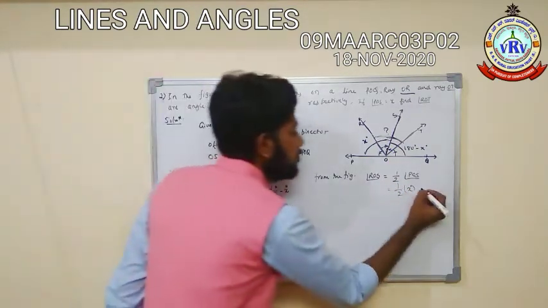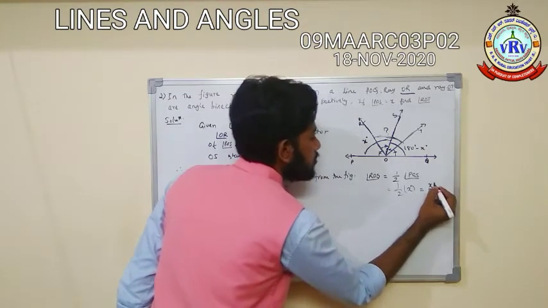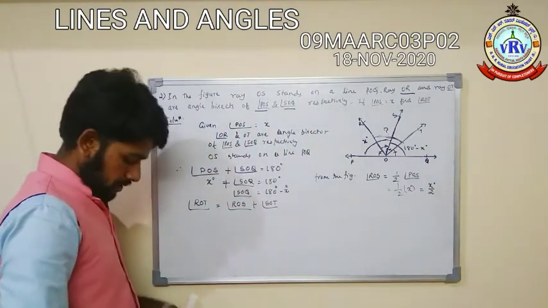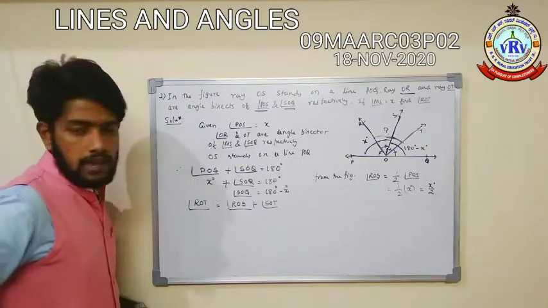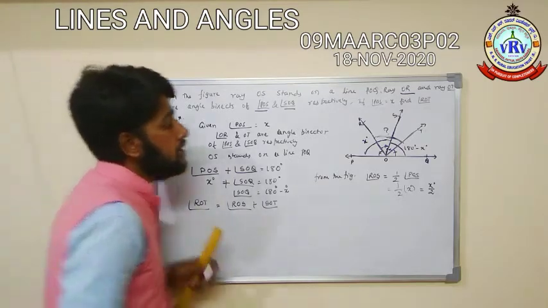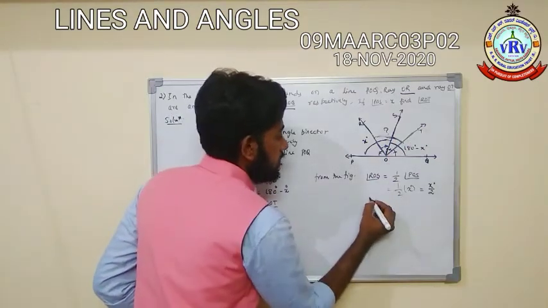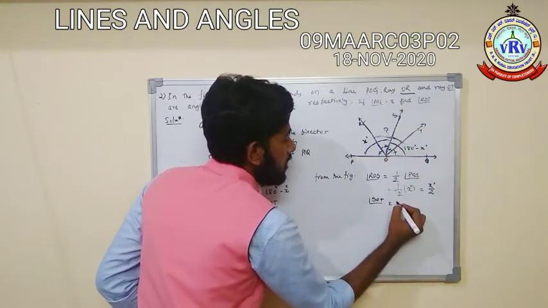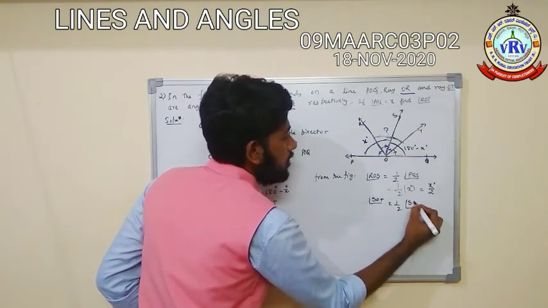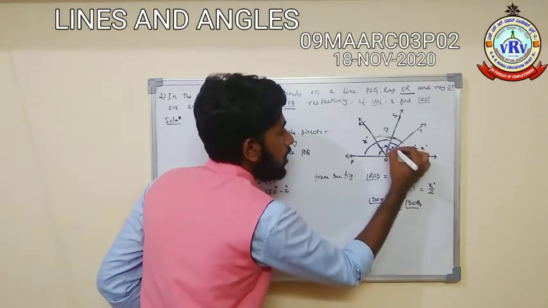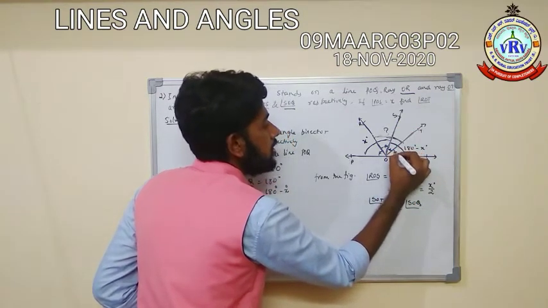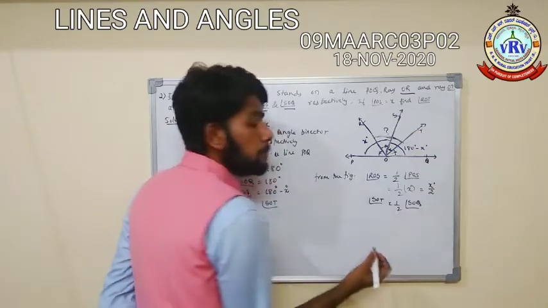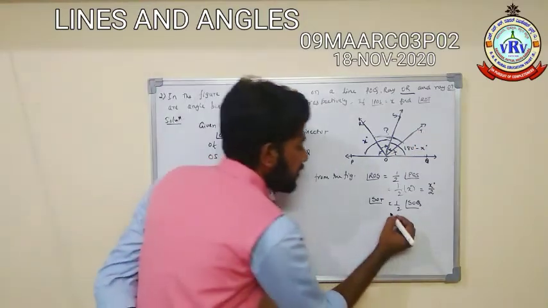So ROS is x by 2 degrees. Here ROS is x by 2 degrees. Similarly, I can tell SOT. Angle SOT is half of the angle SOQ, because these two are equal angles, because OT is a bisector of SOQ.